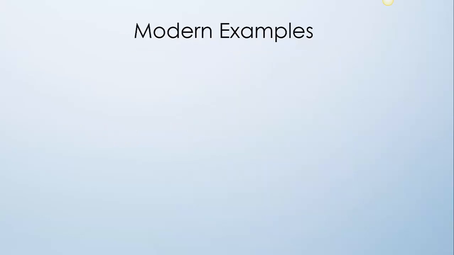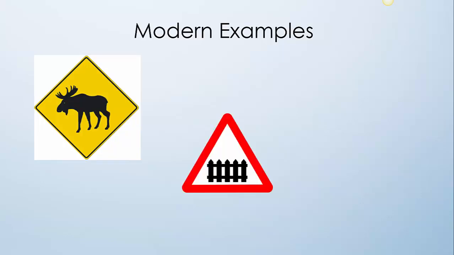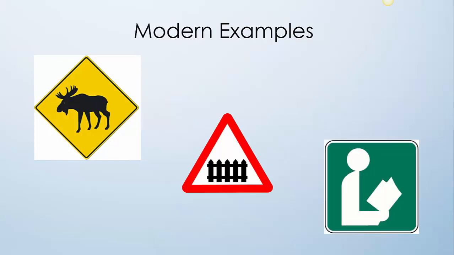Do you see modern examples of pictographic language as you drive or walk or bike around? Did you think of examples similar to moose crossing, railroad tracks, or library as being possible examples of pictographic language? If you did, you're right.